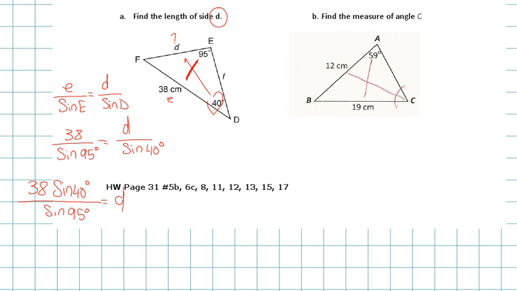So now all you have to do is use a calculator to find side D. Sides to how many decimal places? 1.